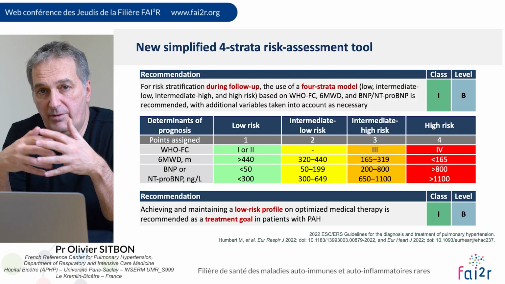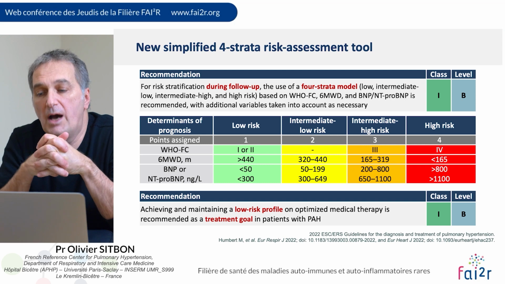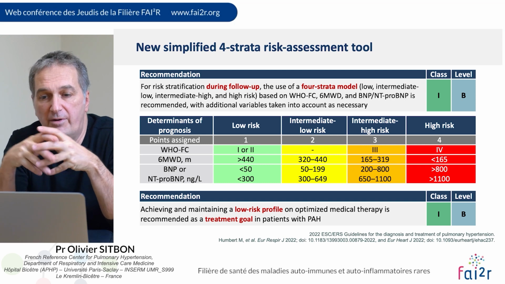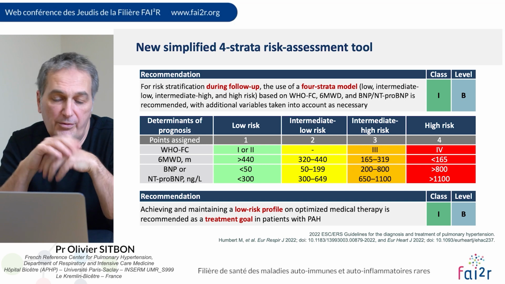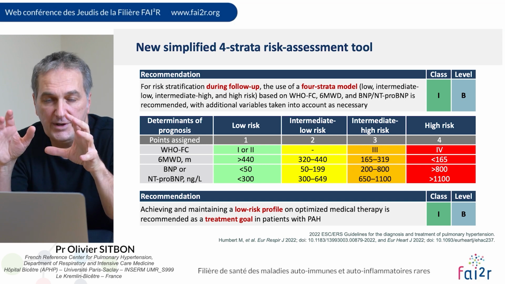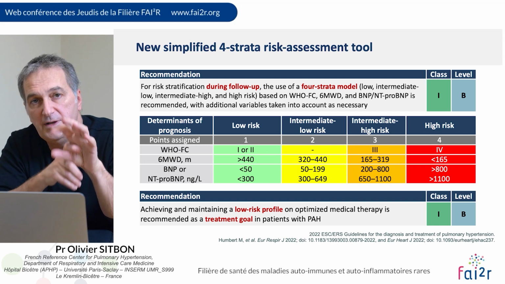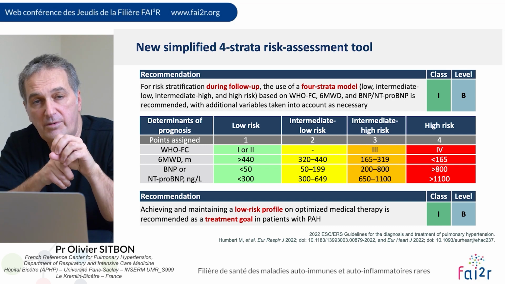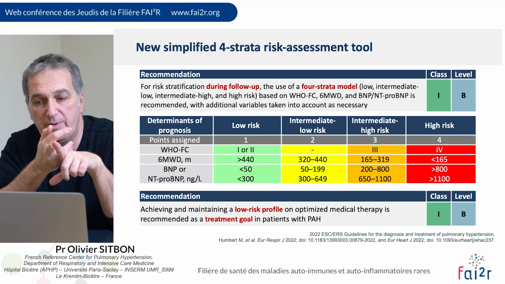Then, after considering the initial therapy, we have to reassess the risk, and we have a new approach to reassess the risk. We have a simpler approach using not the 3 strata model, but a 4 strata model using 3 non-invasive variables: functional class, 6-minute walk distance, and BNP or NT-proBNP.